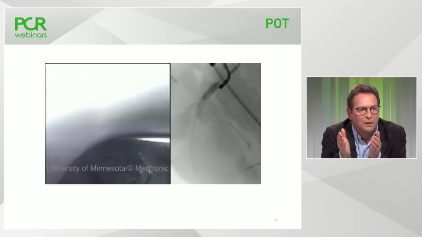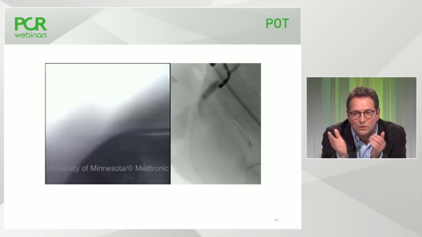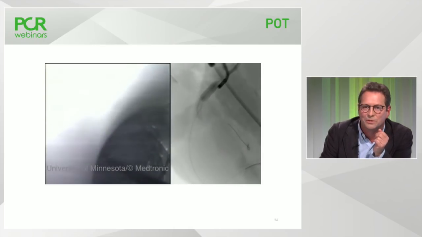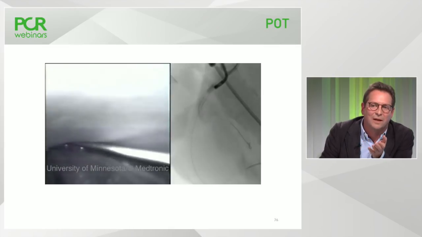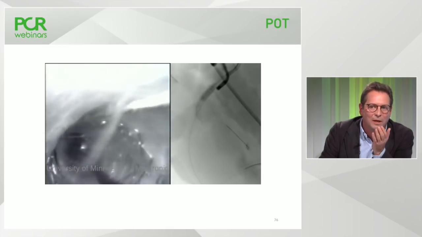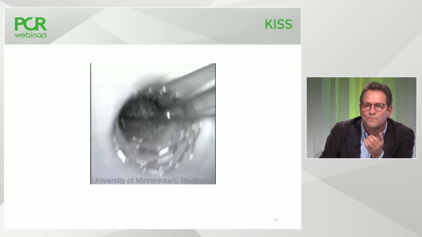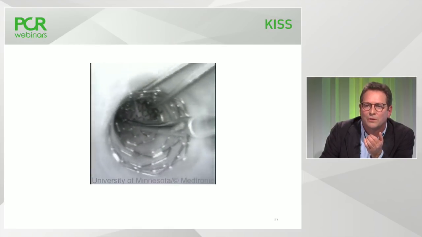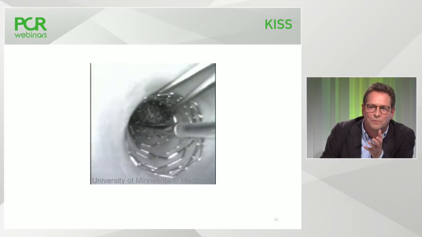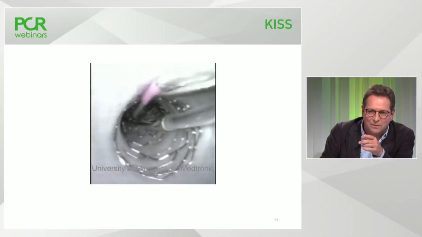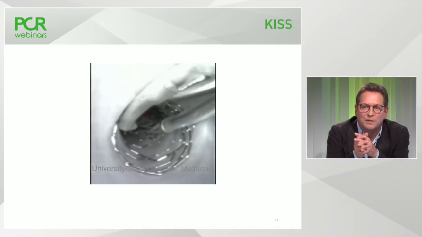So now we have the first step in the journey, as we discussed. And that underlines the importance of why we exactly after this would like to do a POT. So this was done. And what we are doing after the POT, you can realize that the stent is much better apposed.